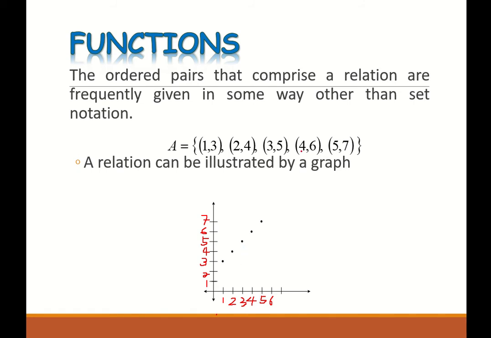So 3, 5. Then we have 4, 6. 4 is the distance from the origin, and 6 means 6 vertically: 1, 2, 3, 4, 5, 6. And then finally we have 5, 7.